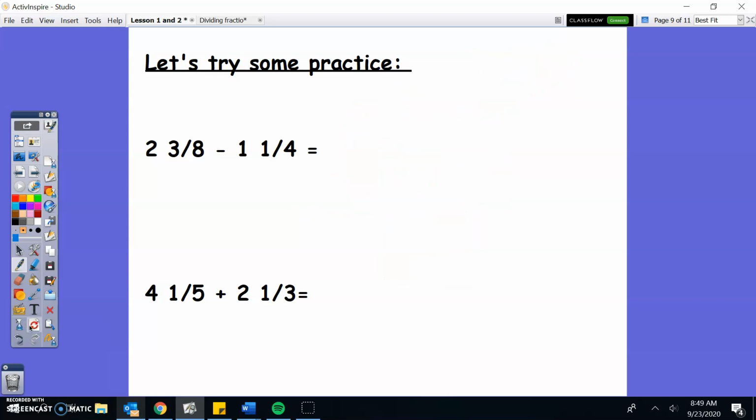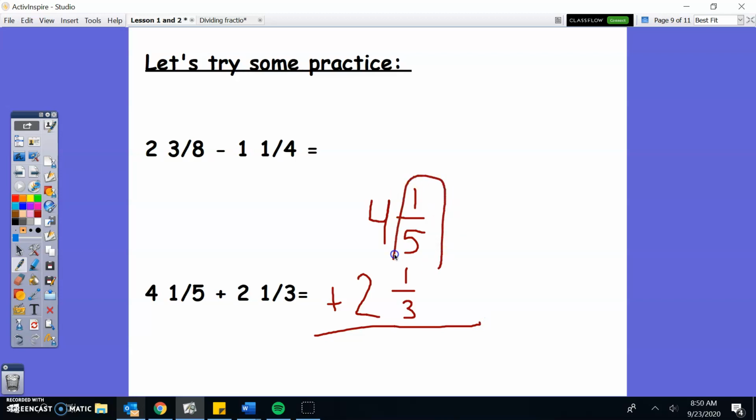It's up to you and how you feel about this. So let's try this next one. I see 4 1/5 plus 2 1/3. Okay, step number 1, focus on the fractions. My denominators are unhappy because it's a 5 and a 3. So I'm going to go over here and list my denominators.